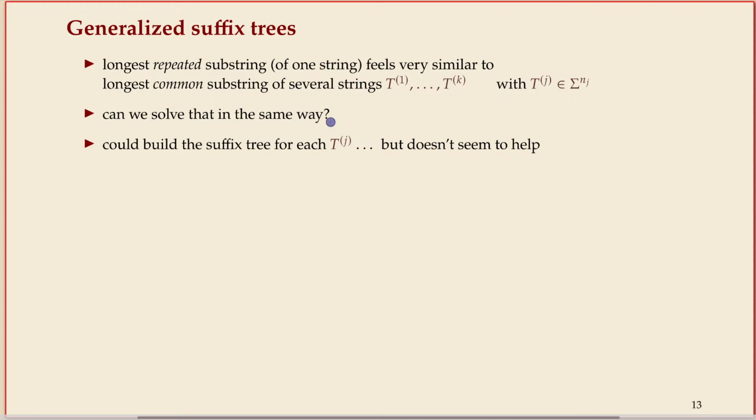So maybe you can hope that a similar trick works. If you start thinking about this, maybe you could just take the texts in isolation and build the suffix tree for each. But if you play with this a bit, you don't see that going anywhere. Instead, what we seem to need is somehow a single suffix tree that covers all the texts.